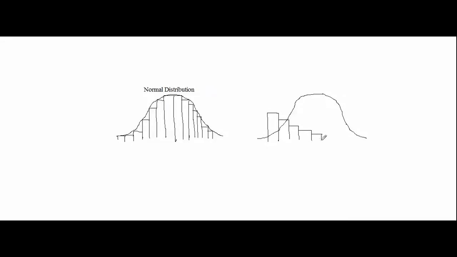And this type of a shape would be called skewed to the right. And I'll tell you why it gets that name. It's actually either called skewed to the right or positively skewed. It involves the direction that the graph is trailing off toward.